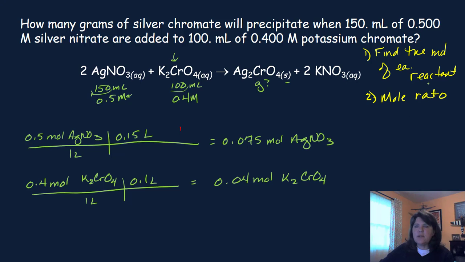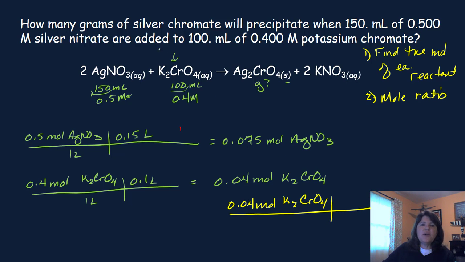So we'll do that step now. I'm just going to use potassium chromate because this number is still hanging out in my calculator. In this case, I could do that one in my head, but usually that's the one hanging out.